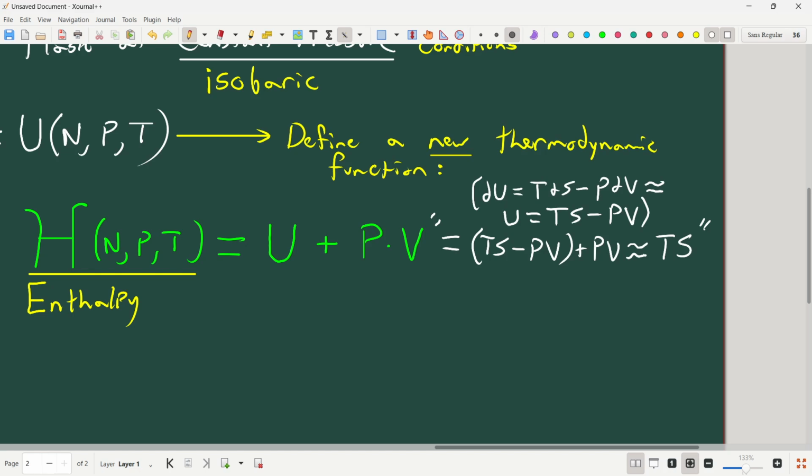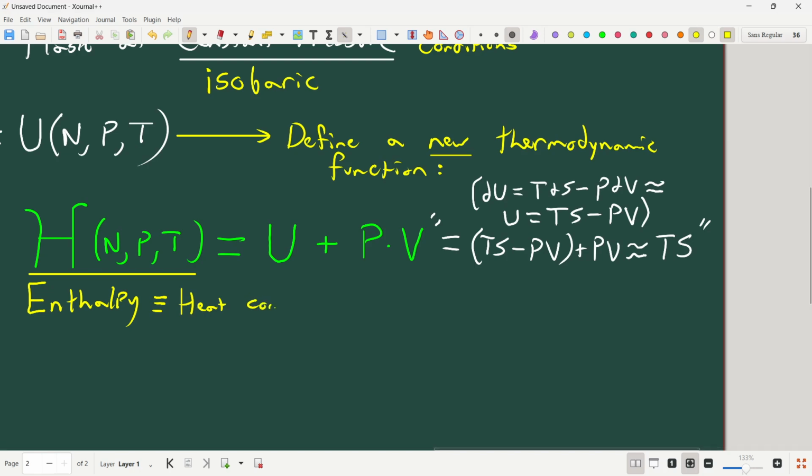Let's subtract off that PV, and the enthalpy is whatever's left over after you've completed that filling. It's the remaining heat energy of the system at constant pressure. So a good way to think about this right now, and we'll prove this in just a second, is that enthalpy is the heat content at constant pressure.